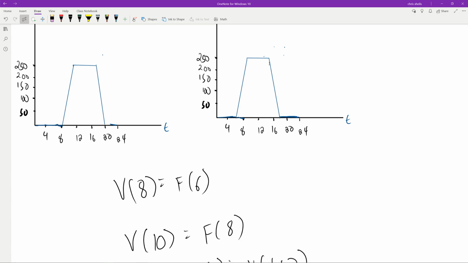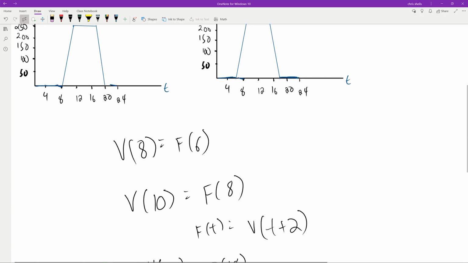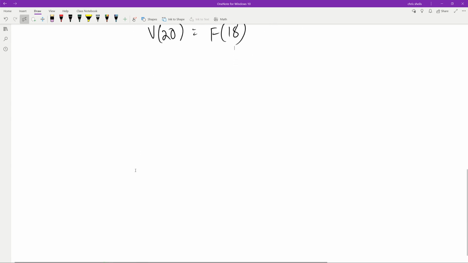So it's the same as if I had added 2 to the inputs of v of t. I hope that makes sense. So these often seem counterintuitive. Often these look like the opposite of what you kind of want them to look like.